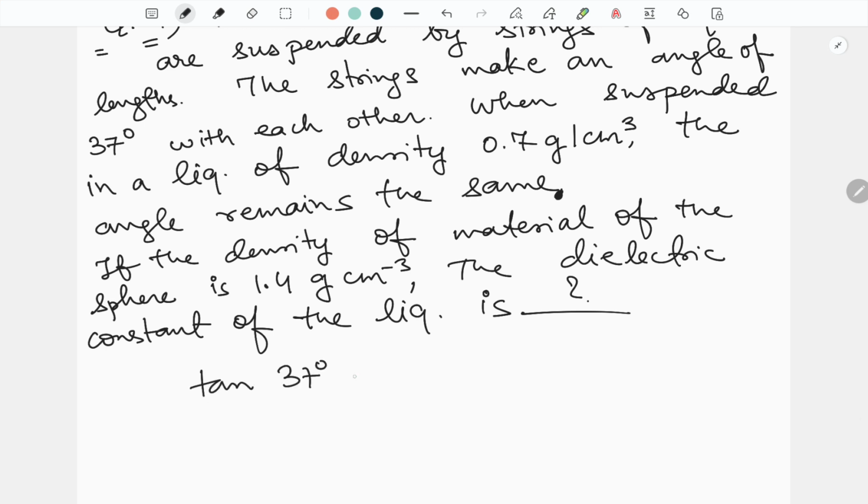Here one data is given as, tan 37 degree is equal to 3 by 4.